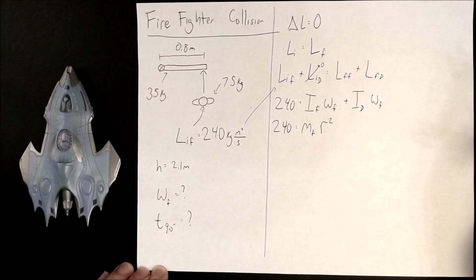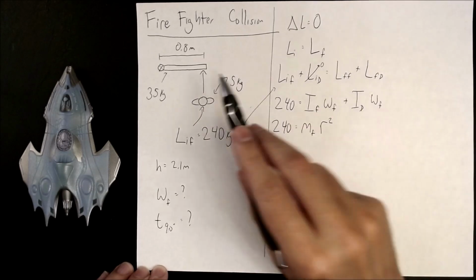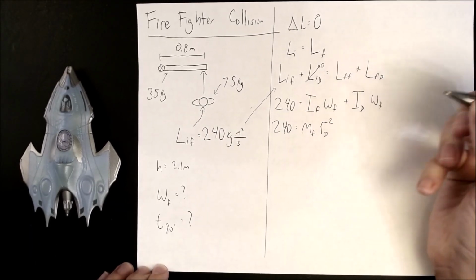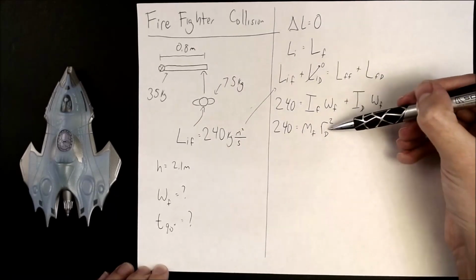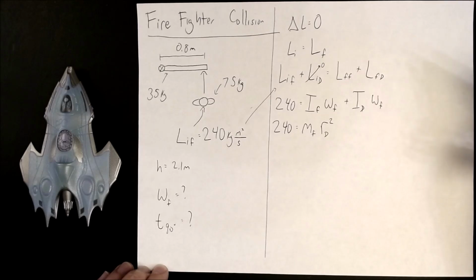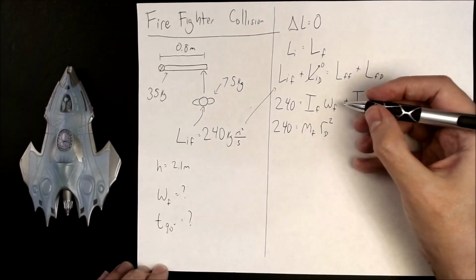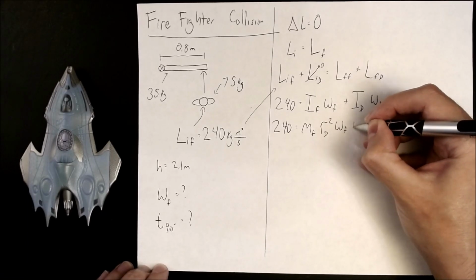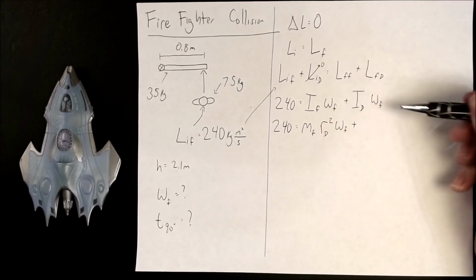And what radius is that? That's actually the width of the door. So I'm just going to write d there, because that's the distance from the point-like object to the center of rotation. And this is times omega final. And this is plus the moment of inertia of the door.